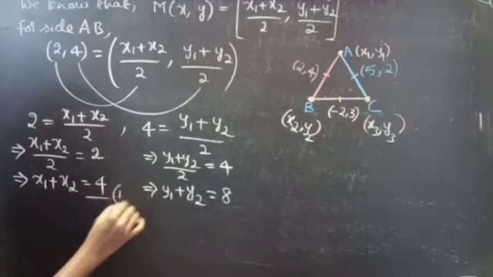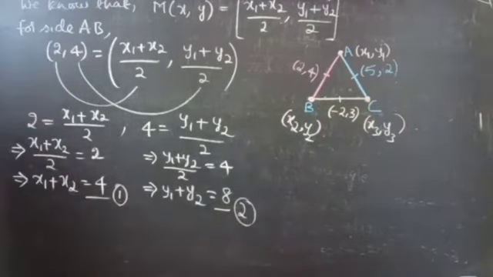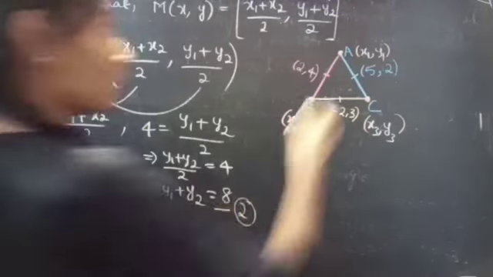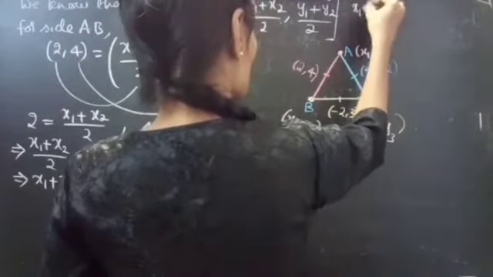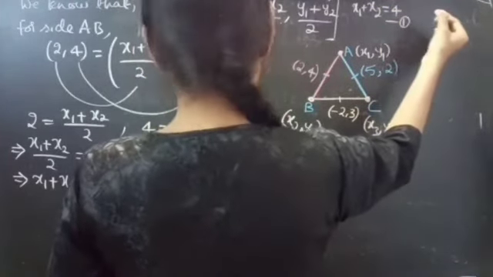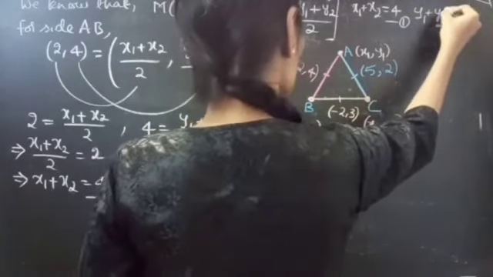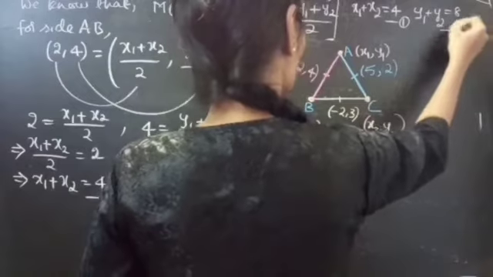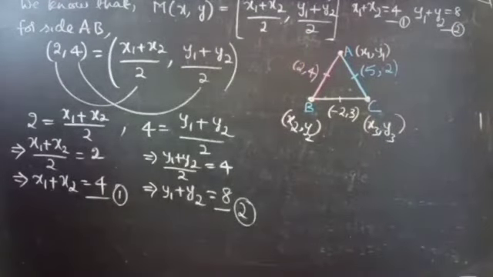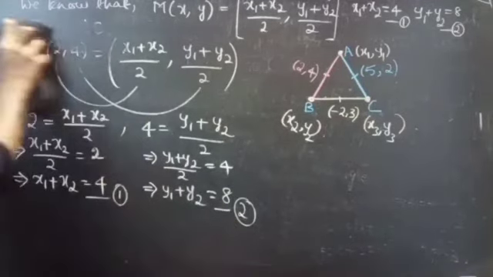Consider this as equation 1 and this as equation 2. So equation 1: x1 + x2 = 4, and equation 2: y1 + y2 = 8. From side AB we got equations 1 and 2.